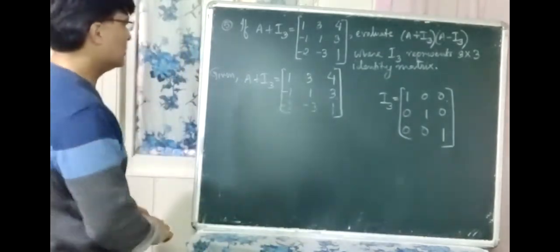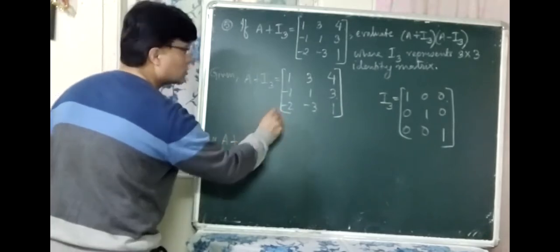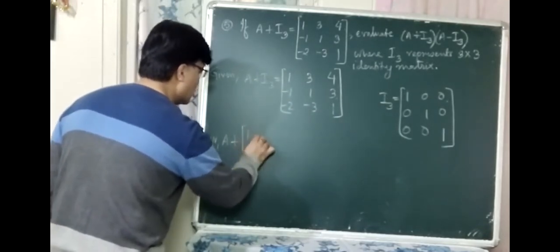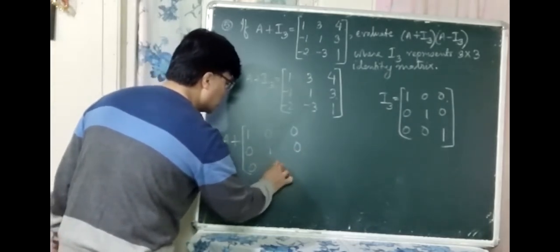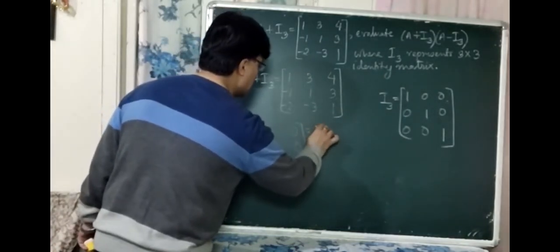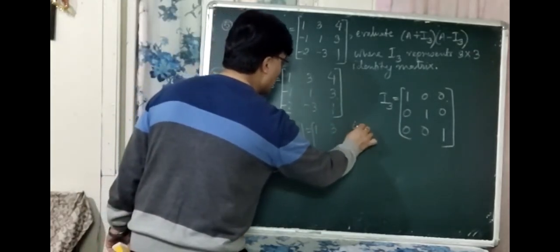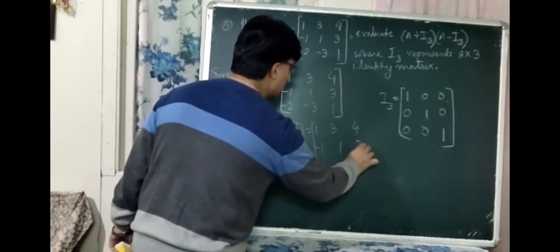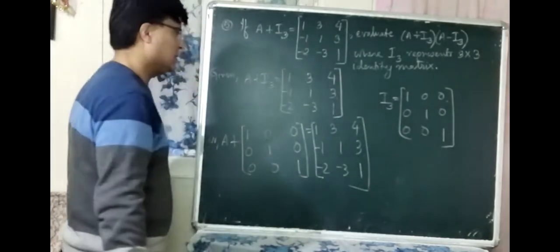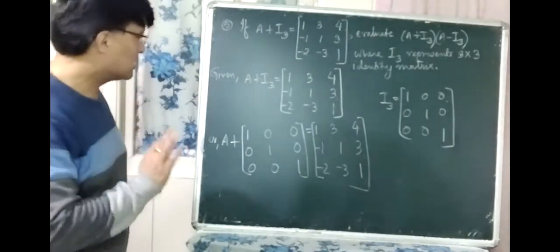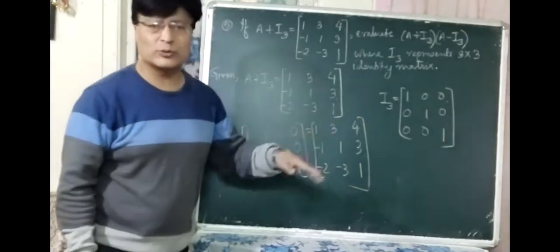Now let us put the value for I3. What is I3 here? It is 1, 0, 0, 0, 1, 0, 0, 0, 1, is equal to 1, 3, 4, -1, 1, 3, -2, -3, 1. Is that clear now? Let us take this identity matrix to the right side.